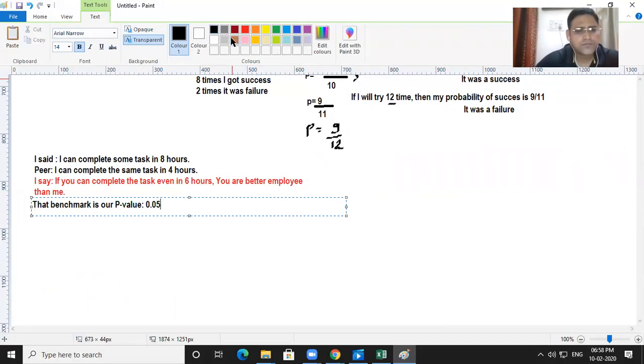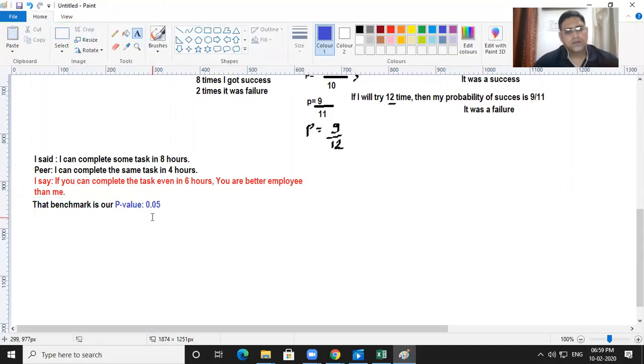We have to remember this thing, that the benchmark is our p-value and it is equal to 0.05. 0.05 means 5%.